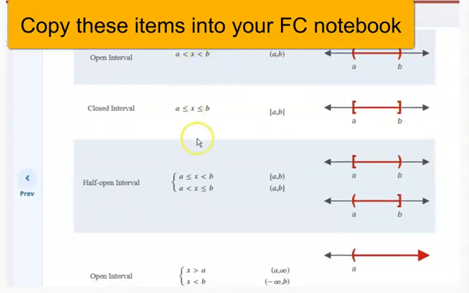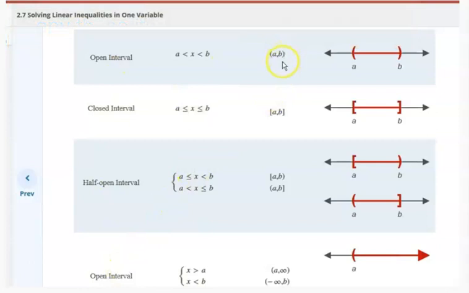You want to have examples on the left here, the terms involved, then how it's shown in interval notation, and then what the graph of it would look like. All right, we'll pause.